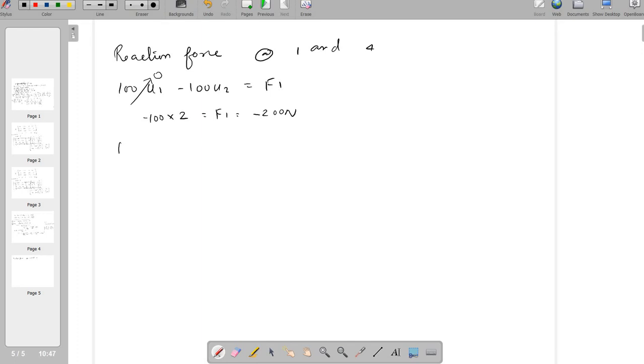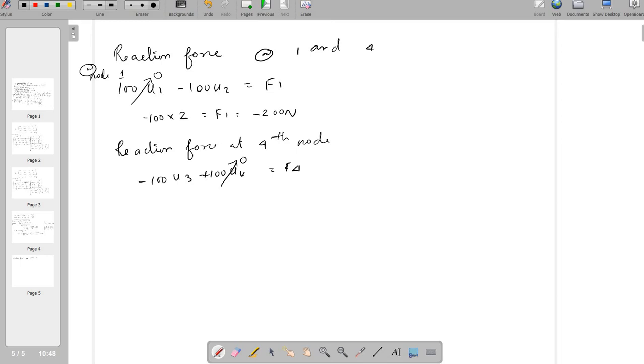The second one, the reaction force at node 4. At node 4, minus 100 U3 plus 100 U4 is equal to F4.